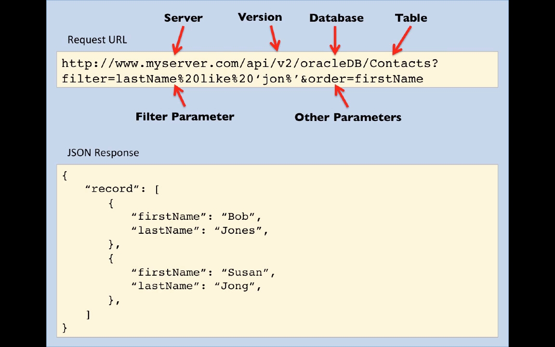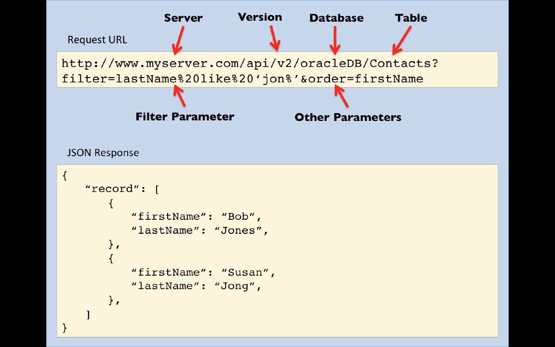So we have a key called order, and we're going to order it by the field called first name. It's assumed here that this is ascending by default. If we wanted to list the results in descending order, we would add a DESC, just like you would in a SQL call. You can add as many of these parameters as you want, and what this does is it lets you operate very discreetly on any set of records that are in a SQL database, a NoSQL database.